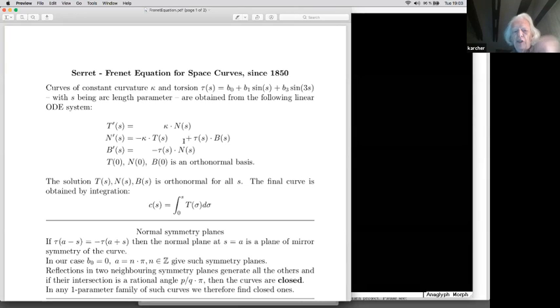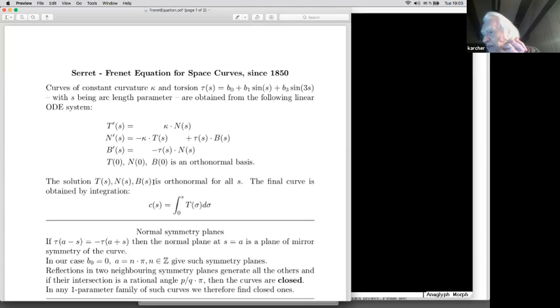Now, I don't know how much I should explain. T is the tangent vector, the unit tangent vector. Then n is the unit vector in the direction of the derivative of this, and b is the cross product of the two. Because of these sign changes here, this 9-dimensional linear system has the property that if you start with an orthonormal basis, then at all times the vectors t, n, and b are orthonormal.